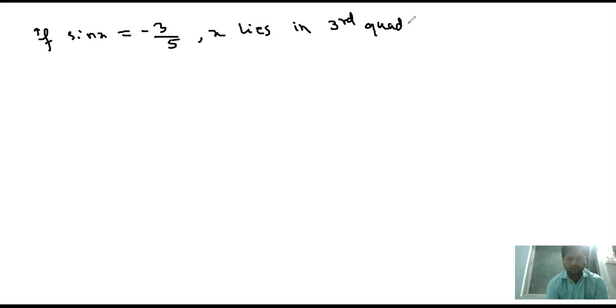Let us start with the first example: if sin x is equal to minus 3 by 5 and x lies in the third quadrant, find all the other five trigonometric functions.